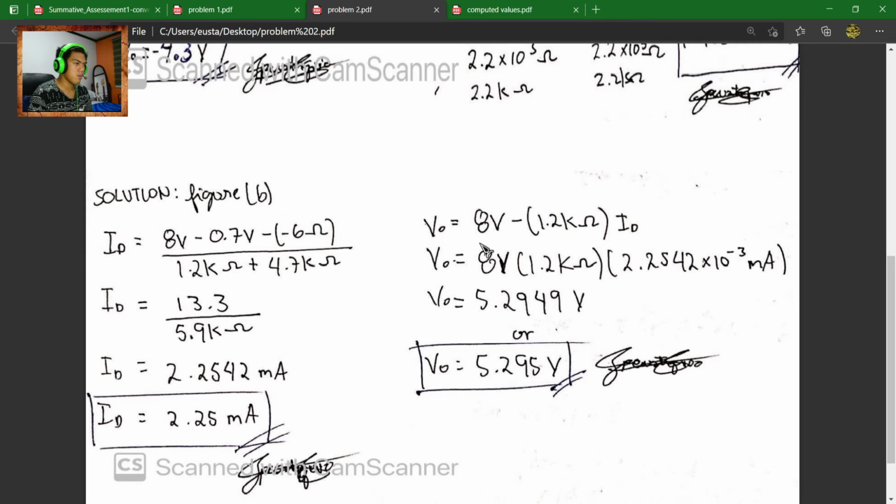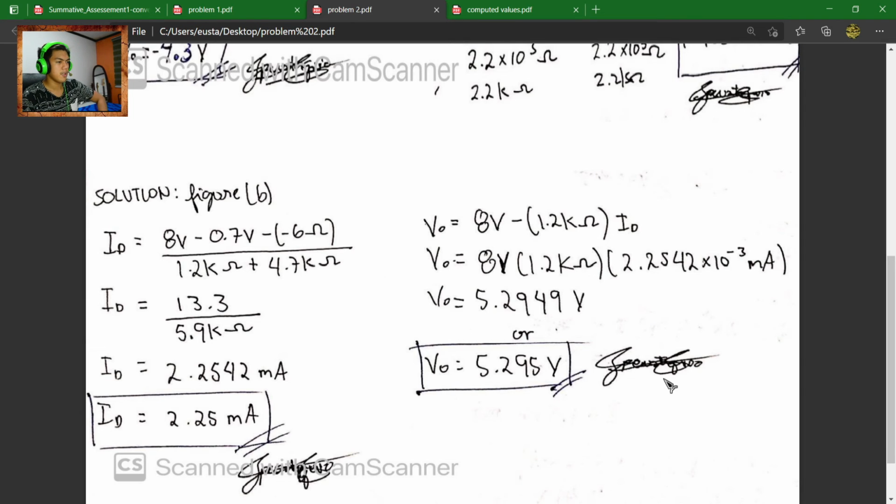For VO, if ID, the current of the diode, is equals to 2.25, then 8 volts minus 1.2K ohms times 2.25 milliamperes is equals to 5.2949. Then rounding it off, the VO is equals to 5.295.